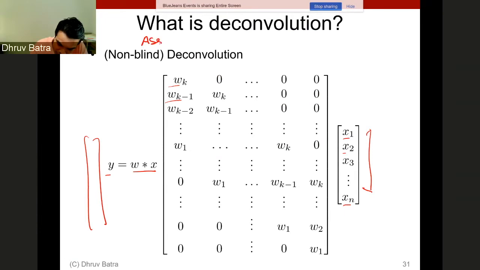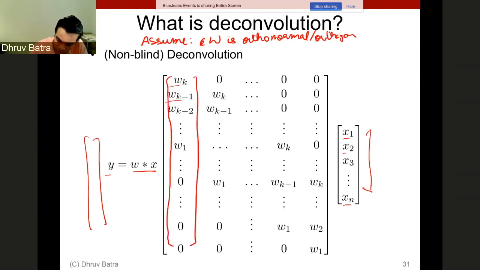I'm going to assume W is orthonormal or orthogonal. Basically what I'm saying is assume that the columns of W are orthogonal, that the dot product between these columns is 0.